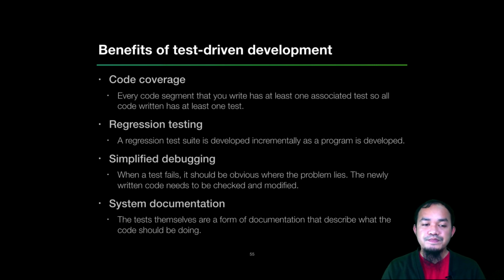The test cases explain what the system will look like and what the code should be doing, so we can write the system document through the tests. The tests specify the conditions, criteria, test data, and the output that we want. This is the benefit of test-driven development, or TDD.